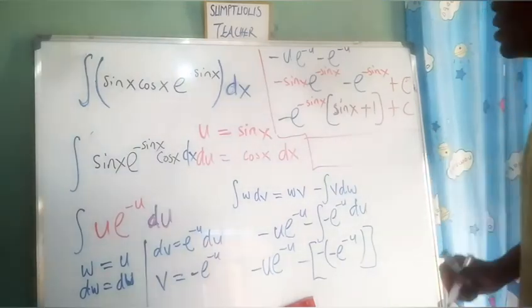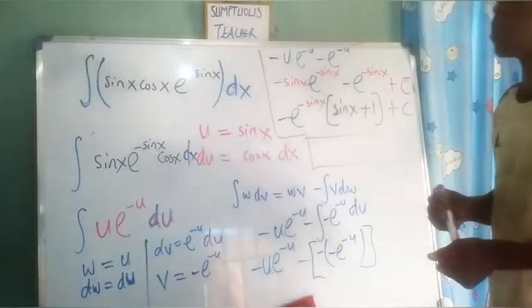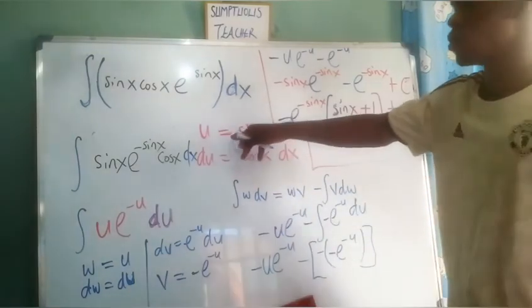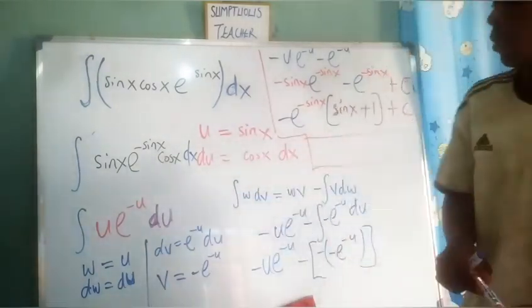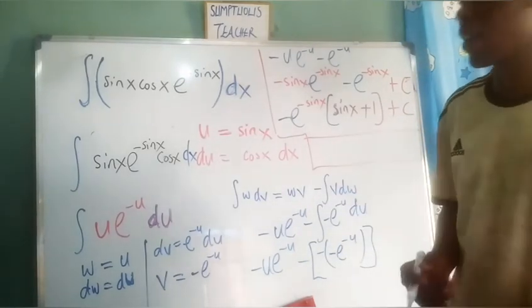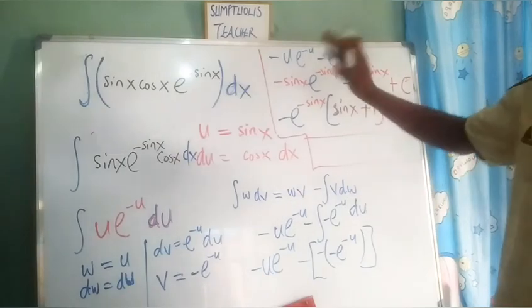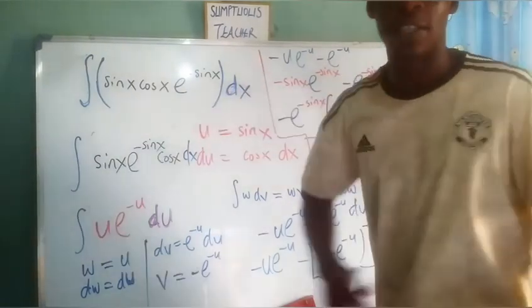So this is the integral of sine x cosine x e to the negative sine x. You know, start from the u substitution. From there you get on with the integration by parts, and that gives us this. So to confirm this, just differentiate this right here, and I believe you're going to get this back.